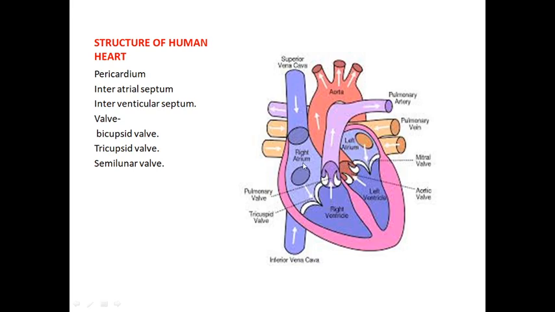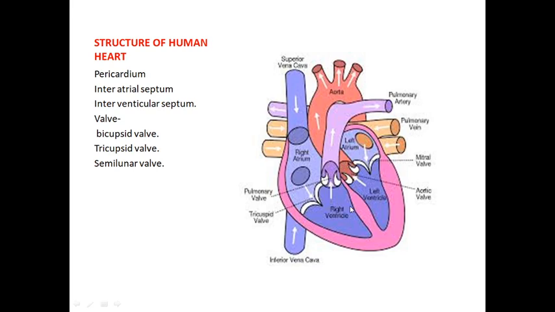The right atrium is connected with the superior and inferior vena cava, and the left atrium is connected by the pulmonary vein.